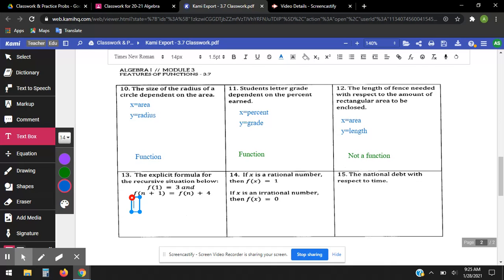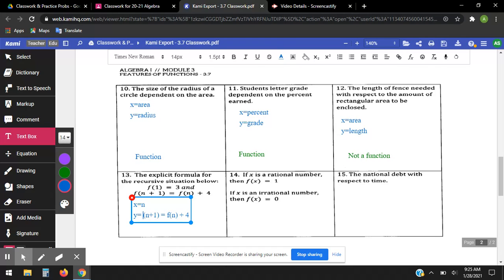So do I only have one option for the explicit formula for this? I do. That makes this, oh, I didn't put my variables. So my X would be n, and my Y would be the function f of n plus 1 equals f of n plus 4.